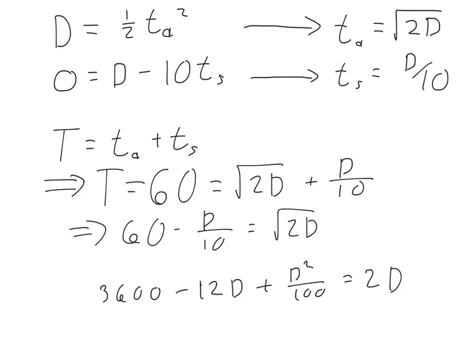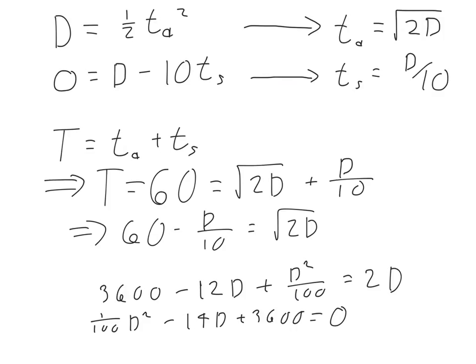So I'm going to get 1 over 100 d squared minus 14d plus 3600 equals 0. And I put it into this form so that you can see it is a quadratic equation where my variable that I would be solving for is d. So one of the constants is 1/100th, another constant is negative 14, another one is 3600.